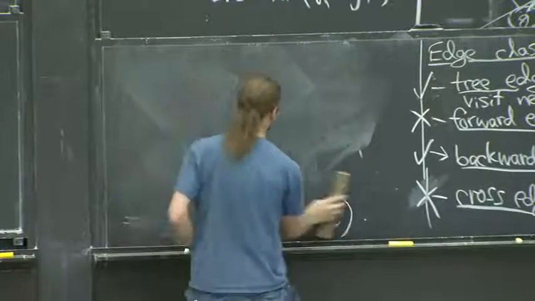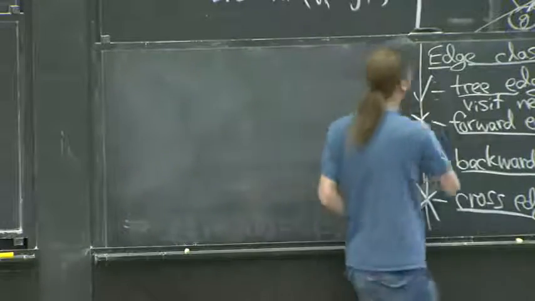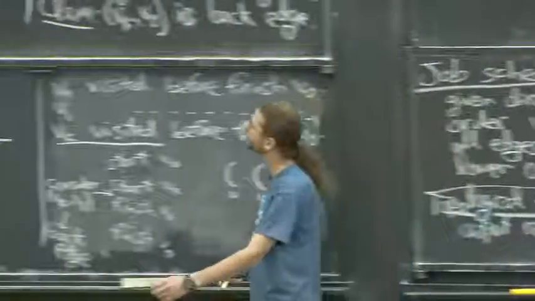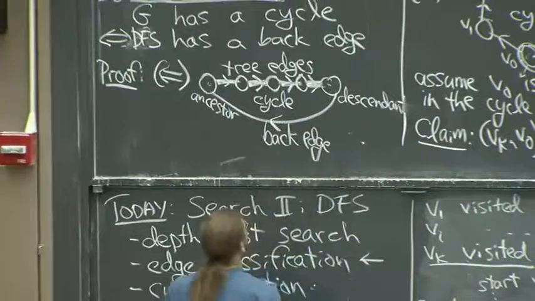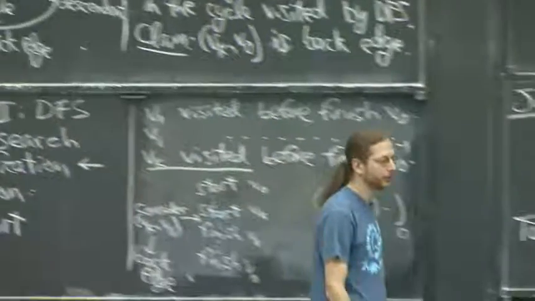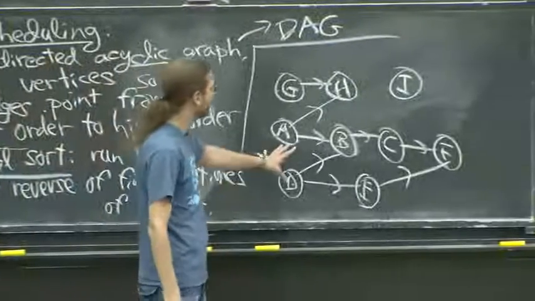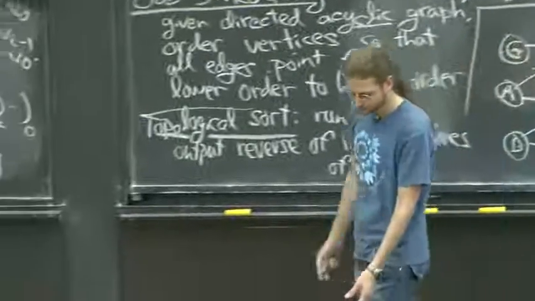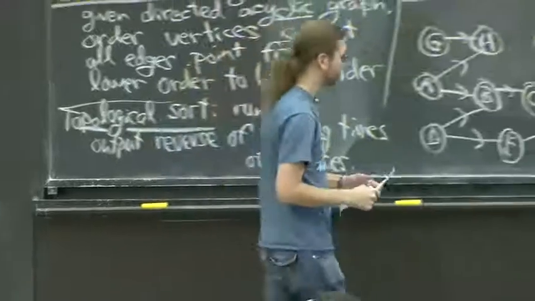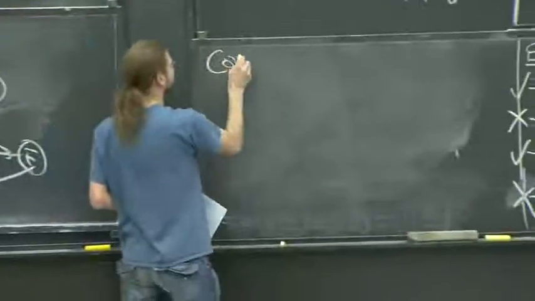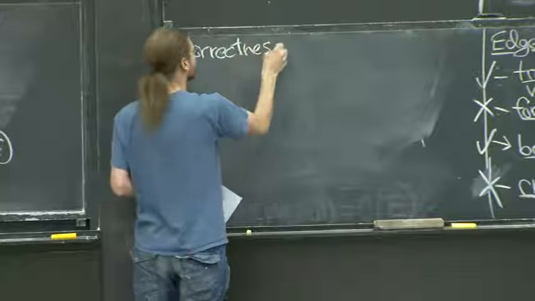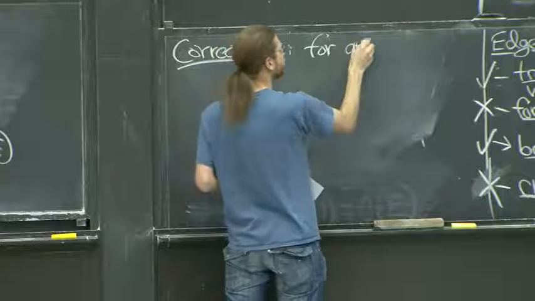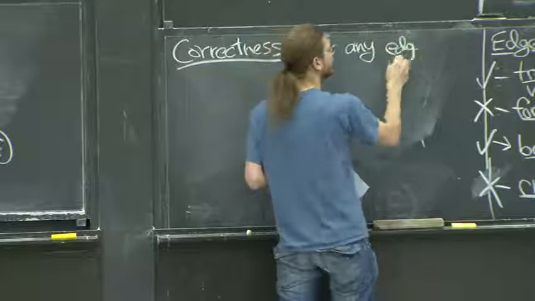We've actually done pretty much the hard work, which is to say we're assuming our graph has no cycles. So that tells us by this cycle detection that there are no back edges. Back edges are kind of the annoying part. Now they don't exist here. So all the edges are tree edges, forward edges, and cross edges. And we use that to prove the theorem. So we want to prove that all the edges point from an earlier number to a later number.